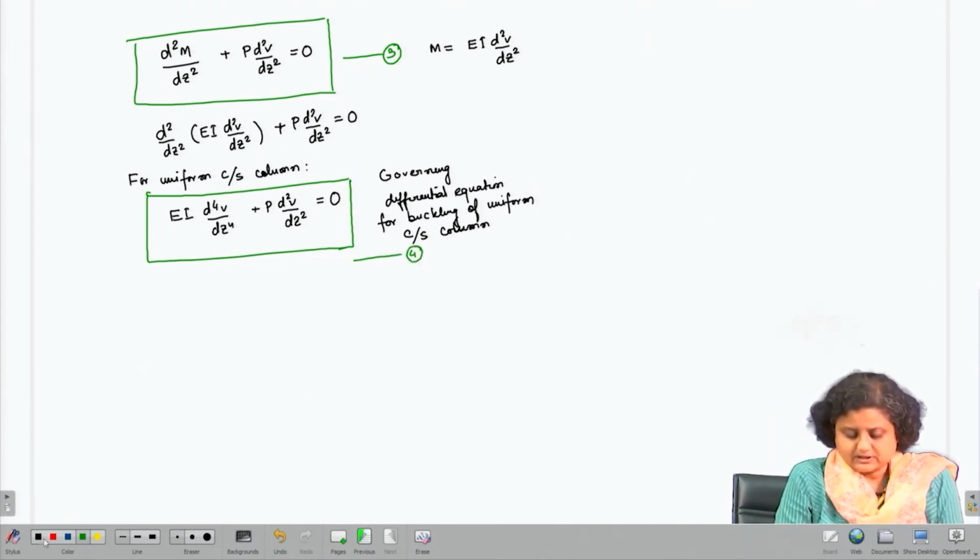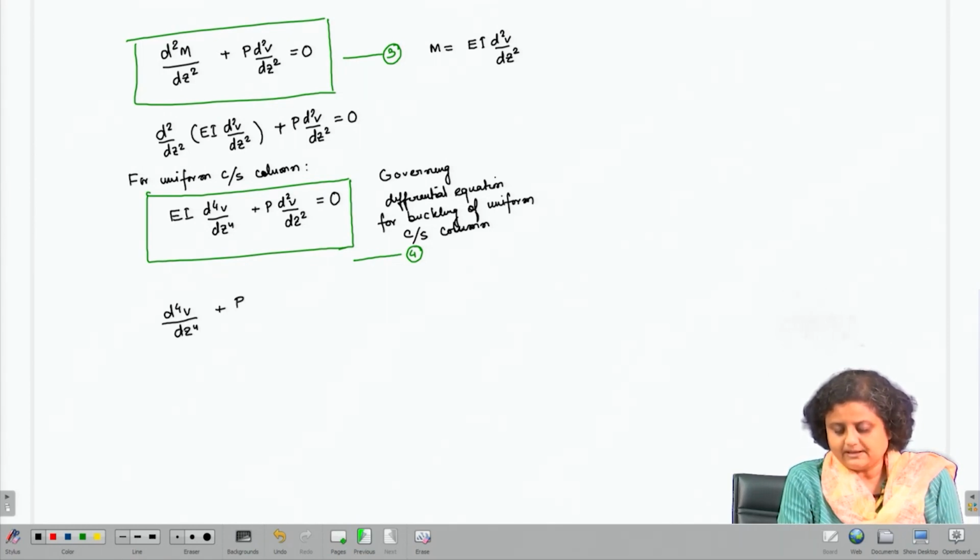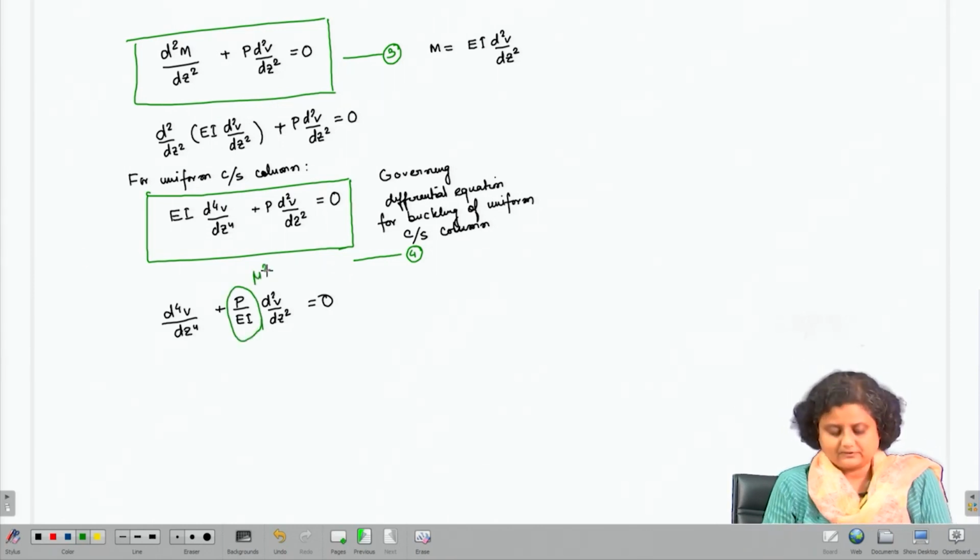Now, this equation can further be written as d4v by dz4 plus p by EI into d2v by dz square, and that is equal to 0. So, let this be called mu square as in the previous case.